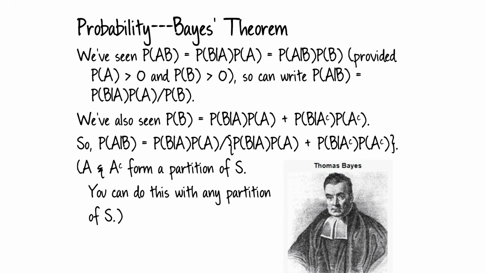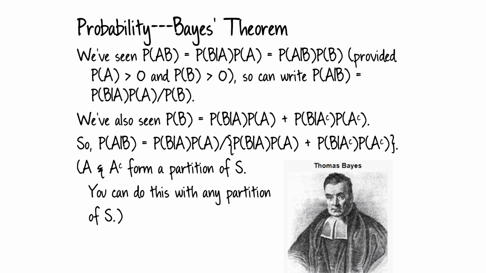Putting those two together, we can write the probability of A conditional on B as being equal to the probability of B conditional on A times the probability of A, divided by the probability of B.